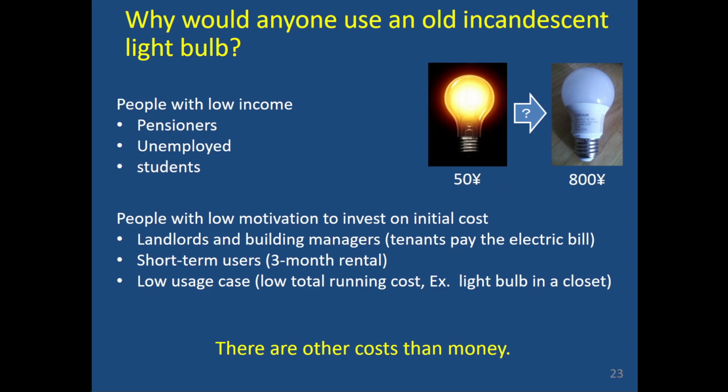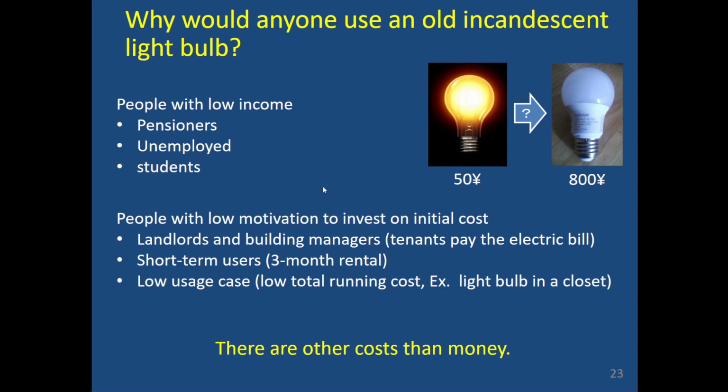And then you can replace it later with a more expensive light bulb, because the building manager and landlord does not pay the electric bill. You pay the electric bill. So they have no motivation really to get the best, most efficient light bulb for you. Unless they're using that as a sales point to sell a house or rent out a property by saying it's very energy efficient. But probably they will make it a higher price for rent or to buy.